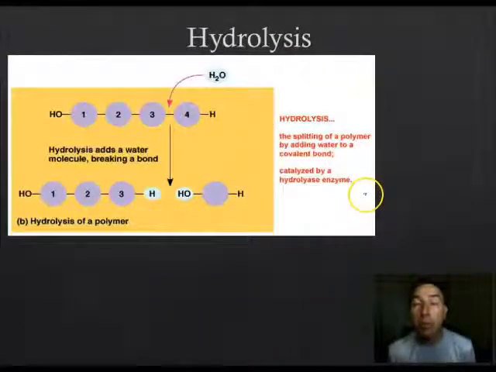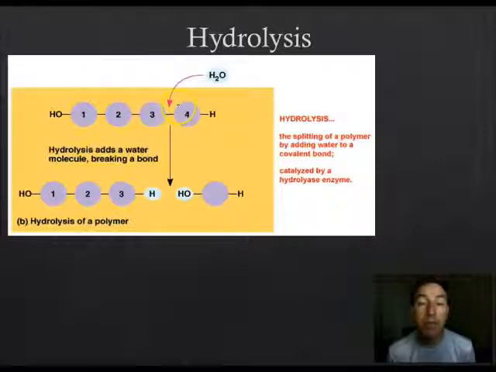Now, when we break polymers apart, like when we break starch apart after we eat like a piece of bread, okay, then we go through an opposite reaction. This opposite reaction is called hydrolysis, where water is used to break the unit off of a polymer, so the single monomer off of a polymer.